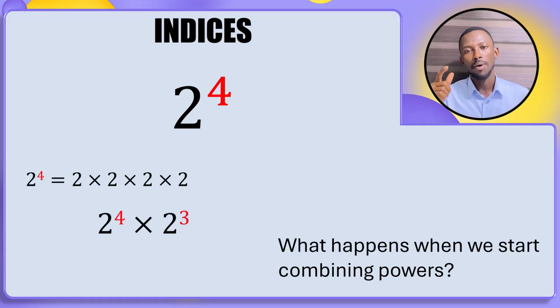Imagine we have 2 to the power 4 times 2 to the power 3. In 2 to the power 4, the base is 2 and the exponent is 4. And in 2 to the power 3, the base is 2 and the exponent is 3. So what happens if we start combining them using arithmetic like multiplication and division? That's what we'll be discussing.